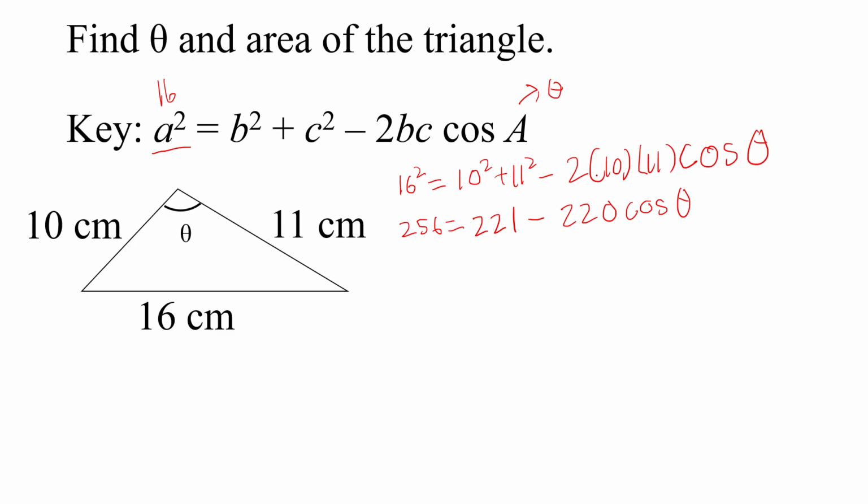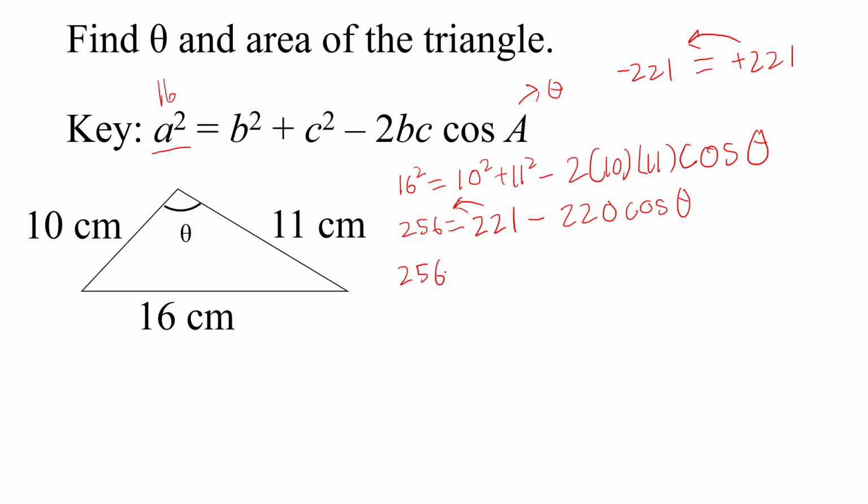It's actually not difficult. What we want to do is move things over. This is positive 221. When plus 221 moves over, it becomes negative 221.